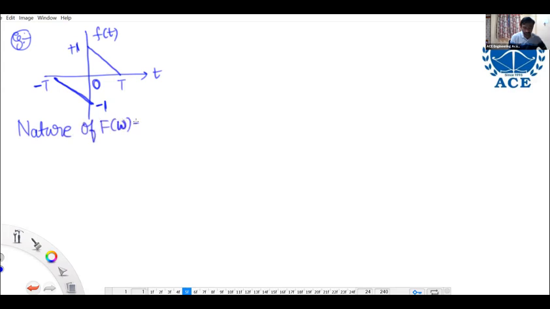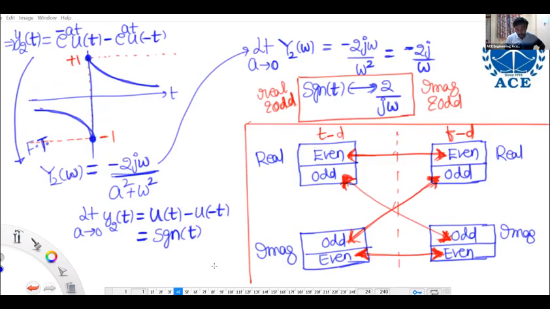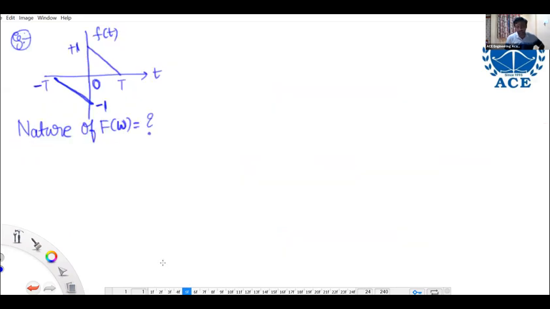This is the function graph given. You can use our previous slide as a hint. You decide the nature of the signal in the time domain. TD means time domain, FD means frequency domain. This given graph is satisfying which behavior?